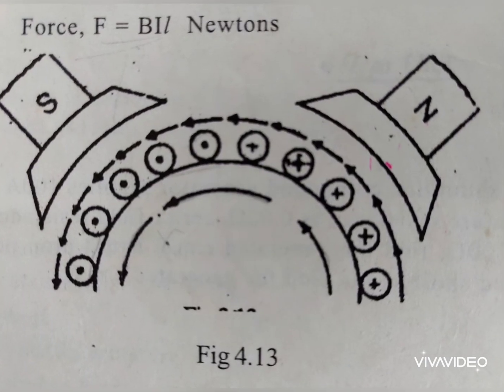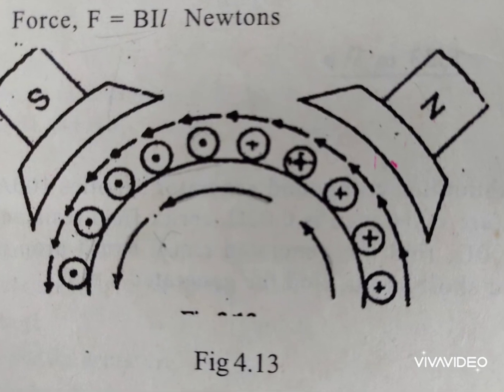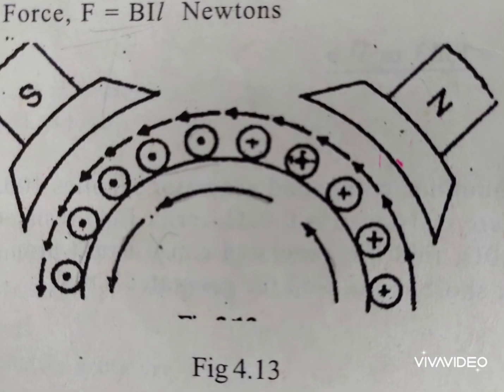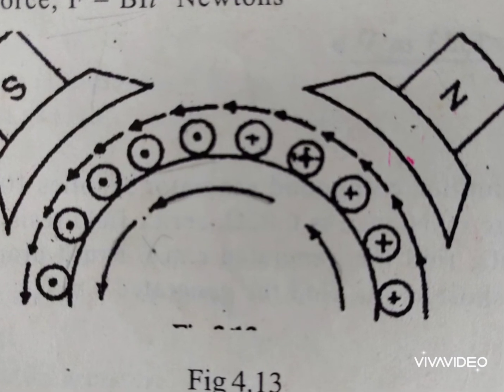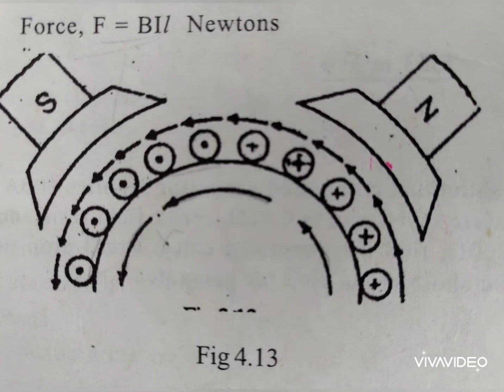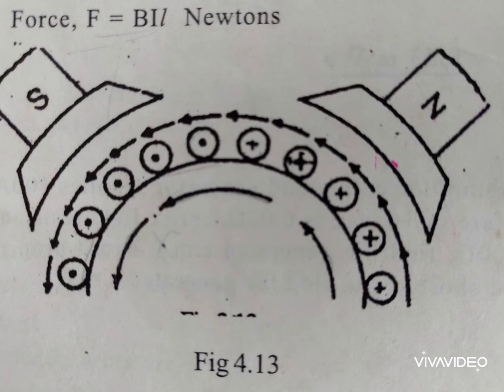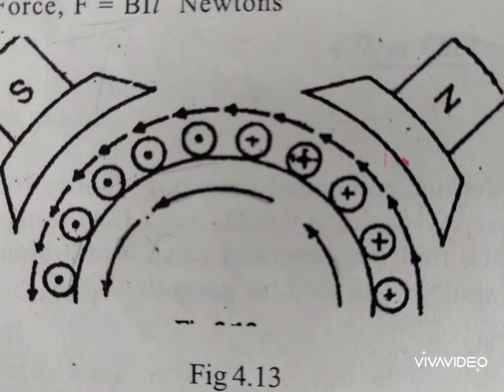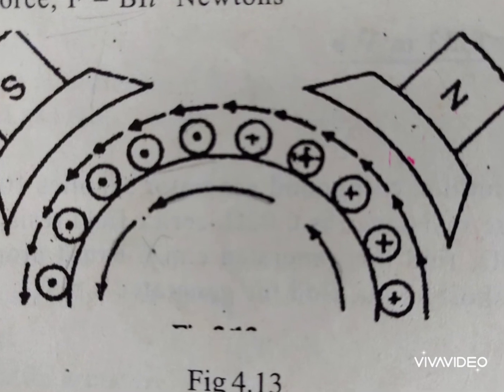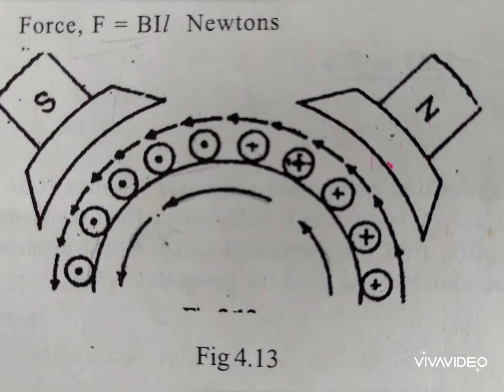Armature conductors under the north pole carry currents in one direction, while the conductors under the south pole carry current in the opposite direction. In this figure, you can see the armature conductors in the north pole having positive charge, and the armature conductors in the south pole having negative charge.